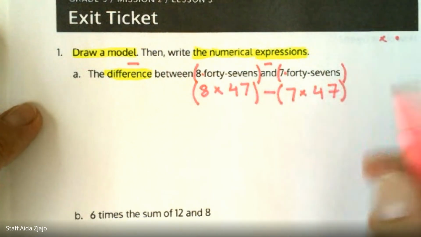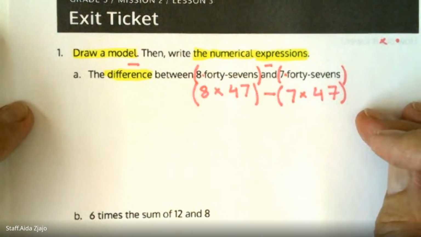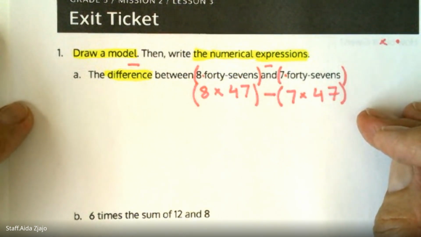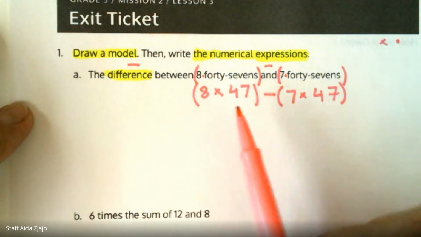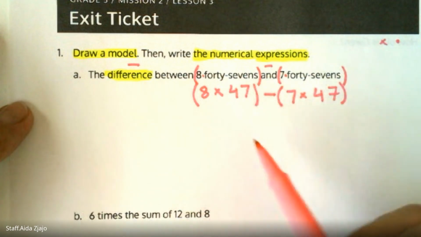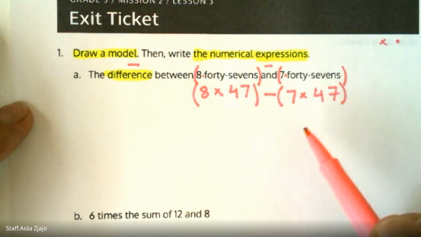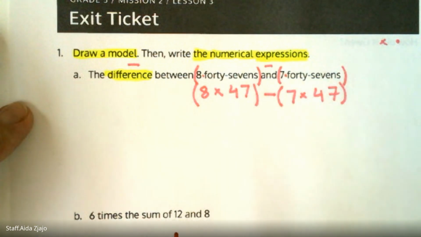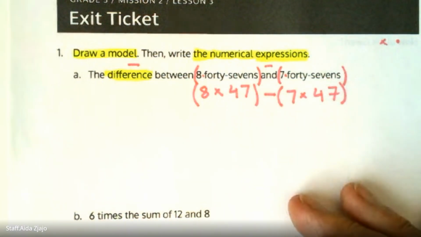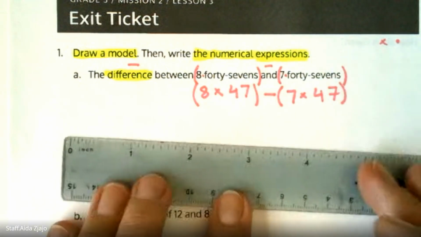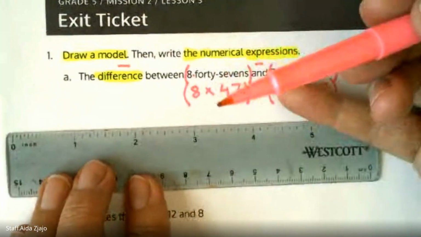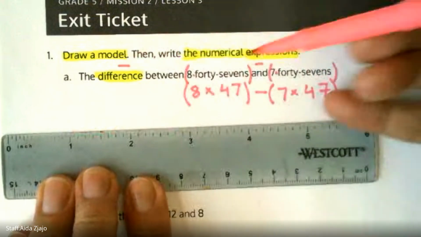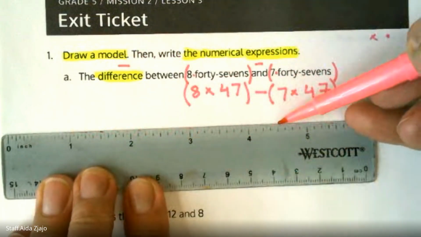This is an expression. It does not have an equation. So if you like to draw a model, you could do 8 groups of 47, and then you can subtract 7 of those. Let me see, I'm going to count 2, 4, 6, 7, 8.